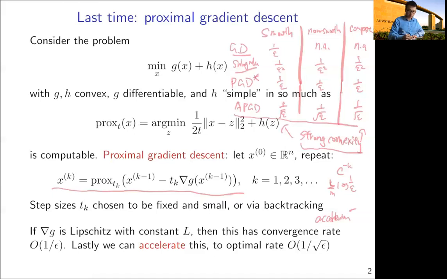So with acceleration, you can get square root of L over M log 1/epsilon.